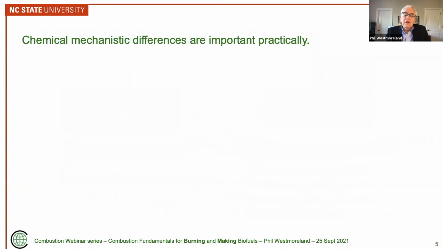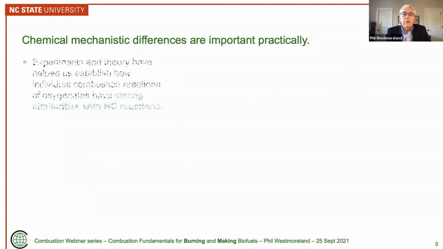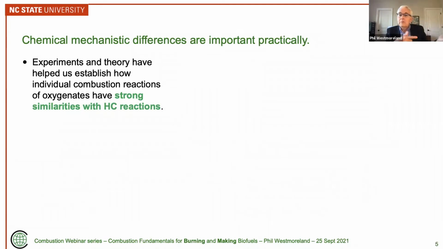Chemically, the mechanistic differences between biofuels and hydrocarbons are important from a practical sense. What we found, using experiments and using theory, is that the individual combustion reactions have very strong similarities. The outcome can be quite different.